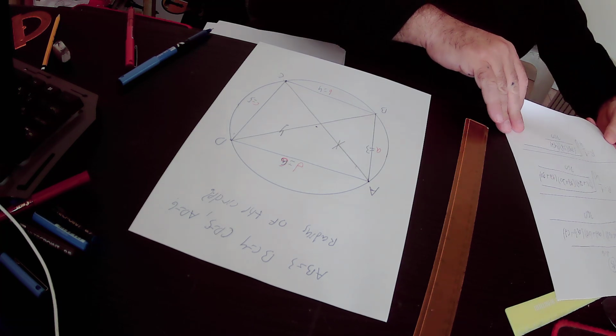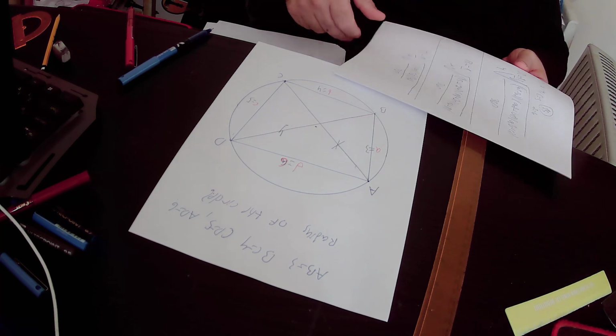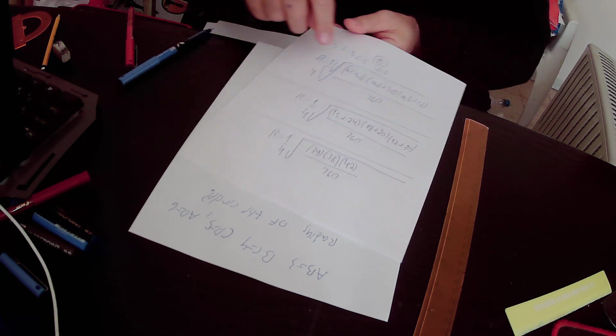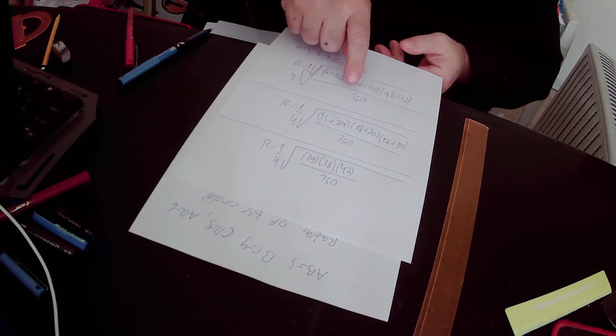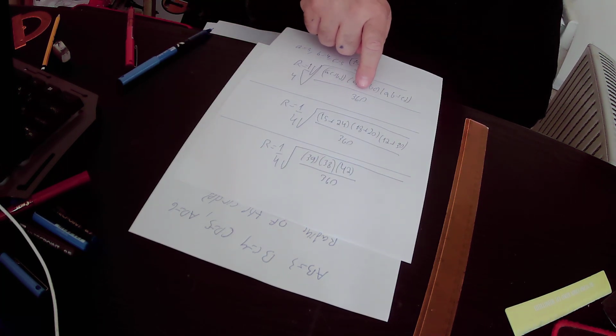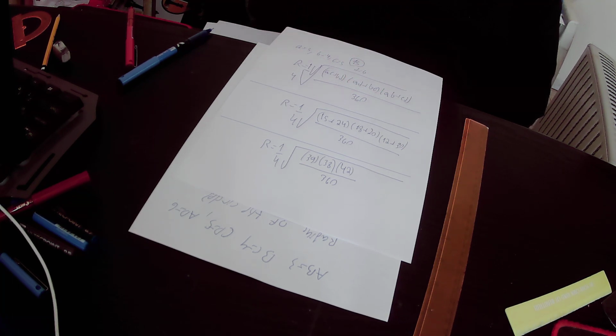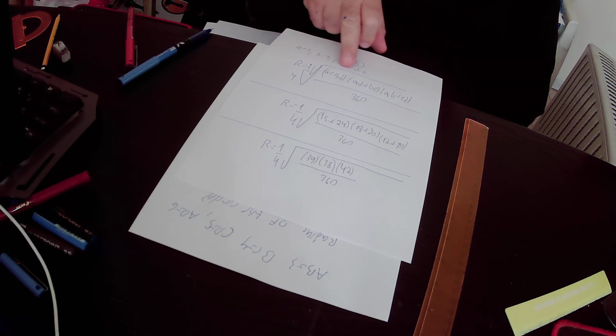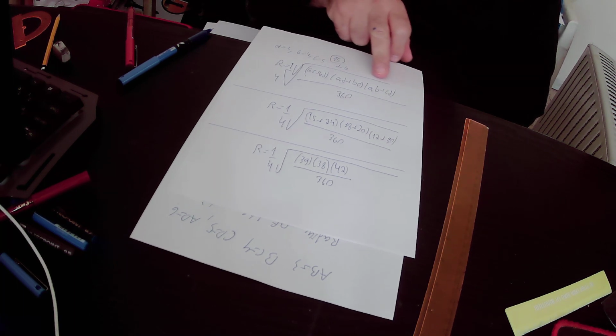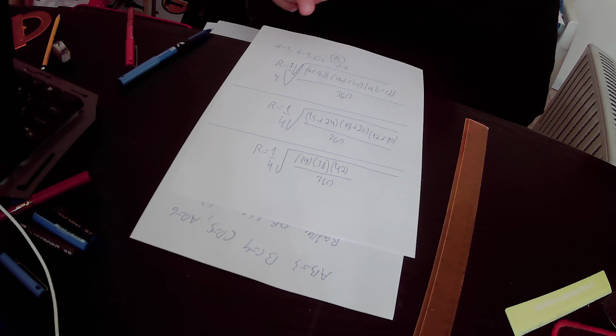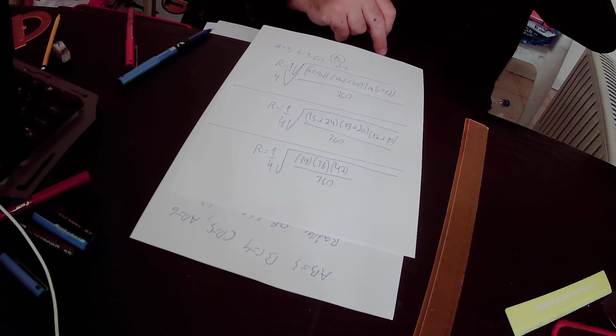So here inside we substituted the area of quadrilateral ABCD by 360, and we also have the values of this expression, because we know that A equals 3, B equals 4, C equals 5, and D equals 6 units.